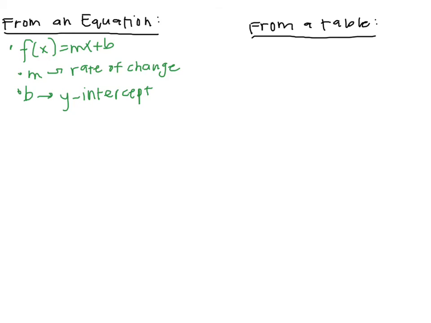If I'm looking at a table, I want to start out by finding the slope. And first I need to choose 2 points. Once I choose those 2 points, I need to use the slope formula to calculate what it equals.